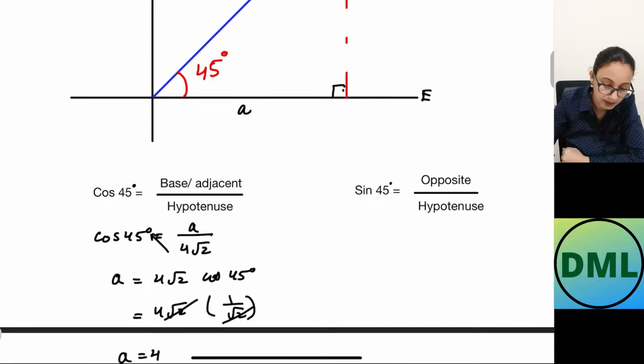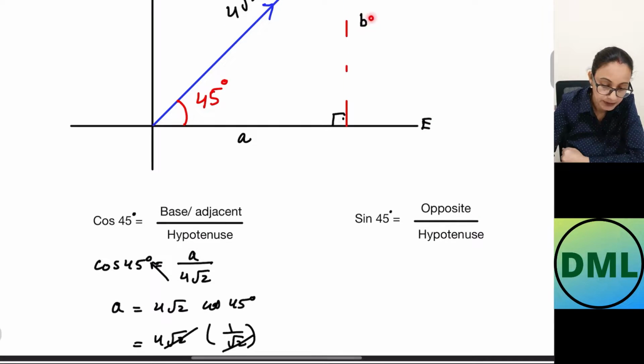Now if I apply the sine formula here, sine 45 degrees is opposite over hypotenuse. For this 45 degrees, this is our opposite and this is the hypotenuse. So let's put the values here. Sine 45 degrees is equal to opposite b over hypotenuse 4 root 2. Let's do the cross multiplication.